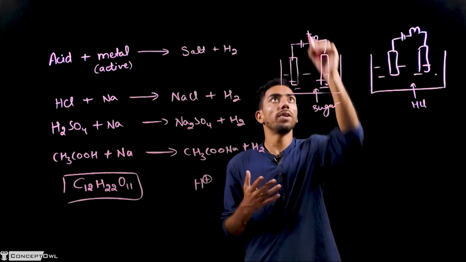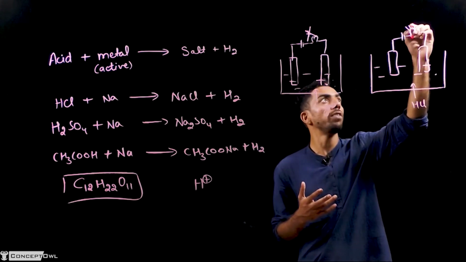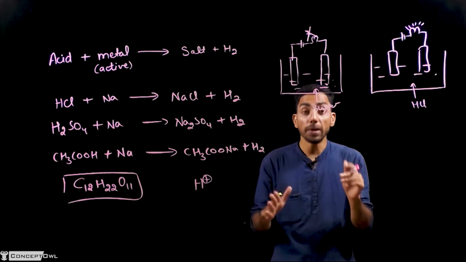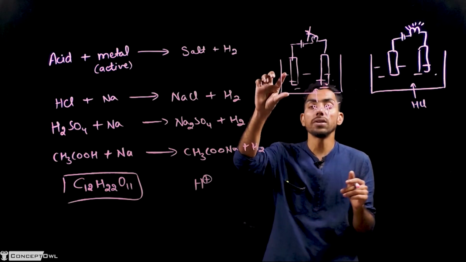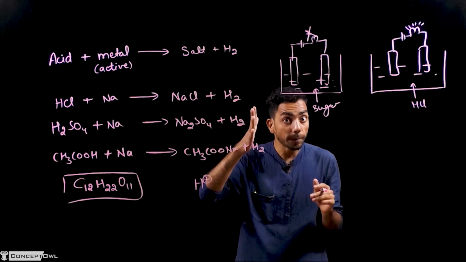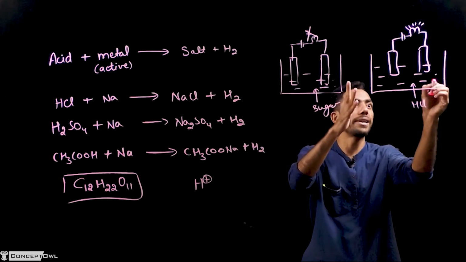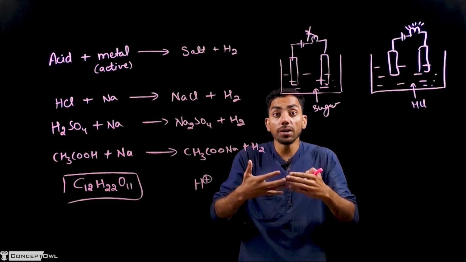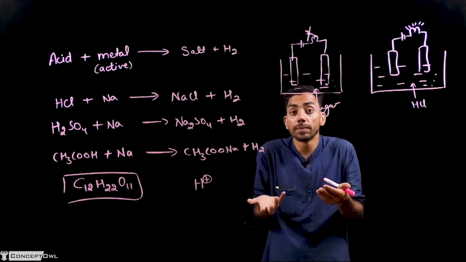In this case, the bulb will not glow, but in this case, the bulb will glow. What does it mean? It simply means that this sugar solution is not conducting electricity, but HCl solution is conducting electricity.